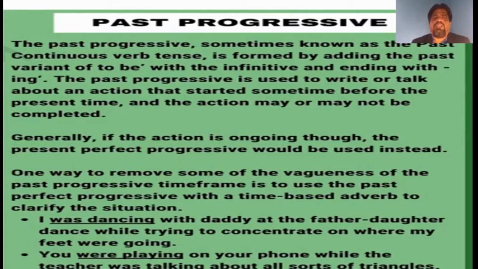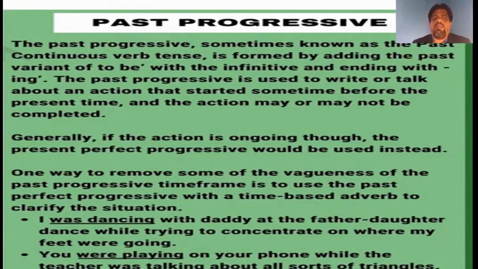Generally, if the action is ongoing though, the present perfect progressive would be used instead. Sometimes if we say that the action is still going on, then instead of past continuous, we must use the present perfect continuous. That we will talk about later. And for example, you see the last two lines of the screen.